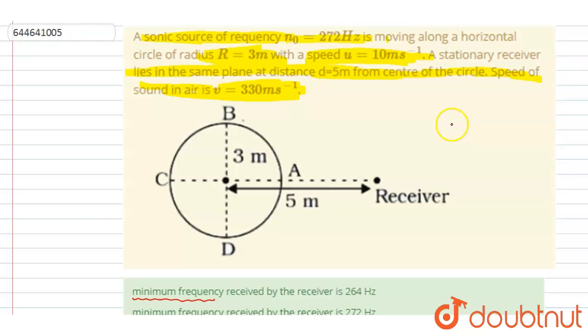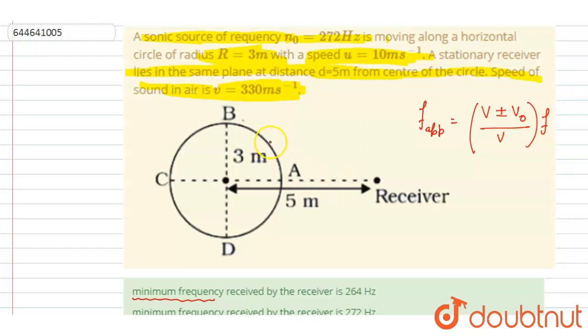We know that in the Doppler effect, if the observer moves toward the source, I will write the apparent frequency is equal to the velocity of the observer by the velocity of the sound times the original frequency. When the observer velocity is directed toward the source, it will be plus sign. When it is directed away from the source, it will be minus sign.